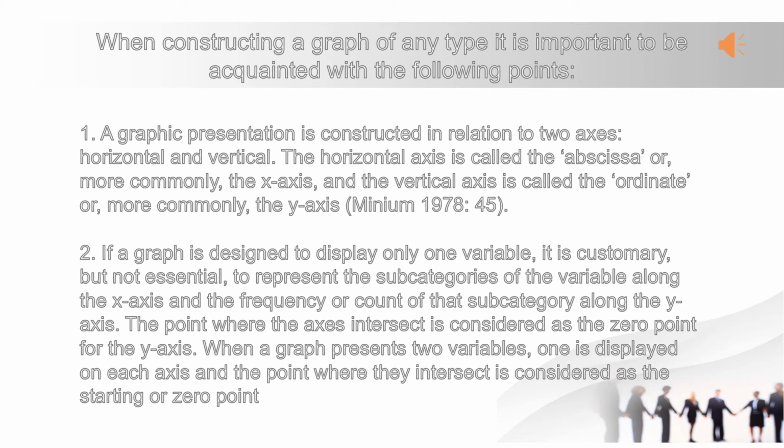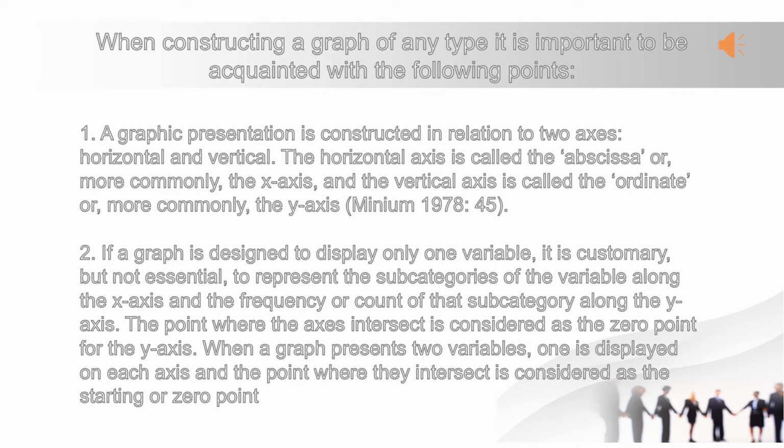Another one, if a graph is designed to display only one variable, it is customary, but not essential, to represent the subcategories of the variable along the x-axis and the frequency or count of that subcategory along the y-axis. The point where the axes intersect is considered as the 0 point for the y-axis.